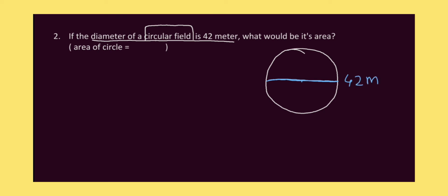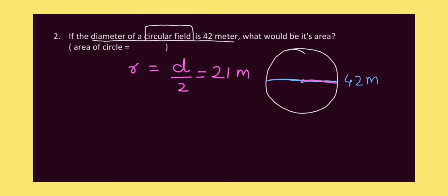On the basis of this, I can easily find the radius. Radius is equal to diameter by 2, half of the diameter, which is 21 meter. That is the radius of the circle.